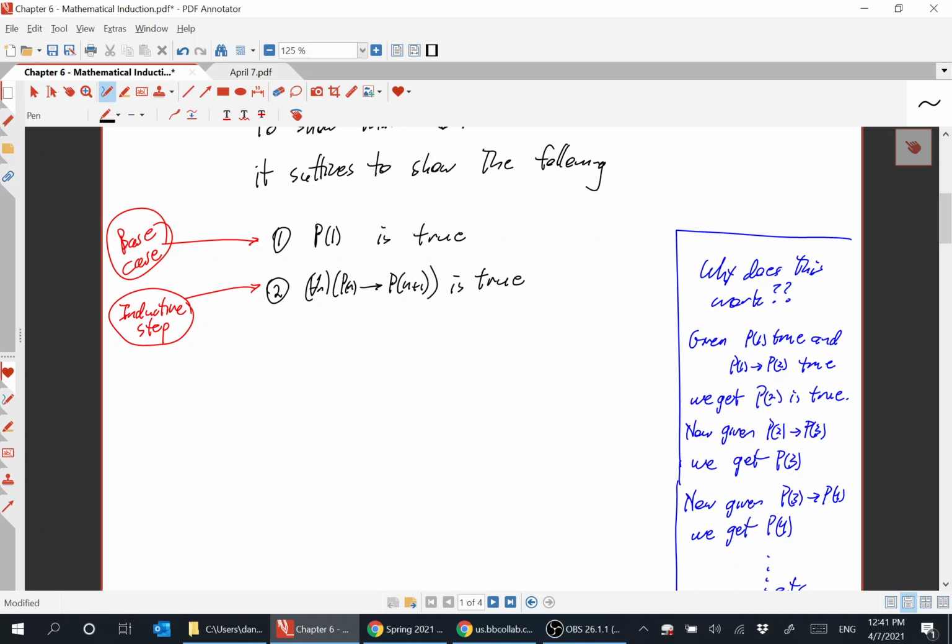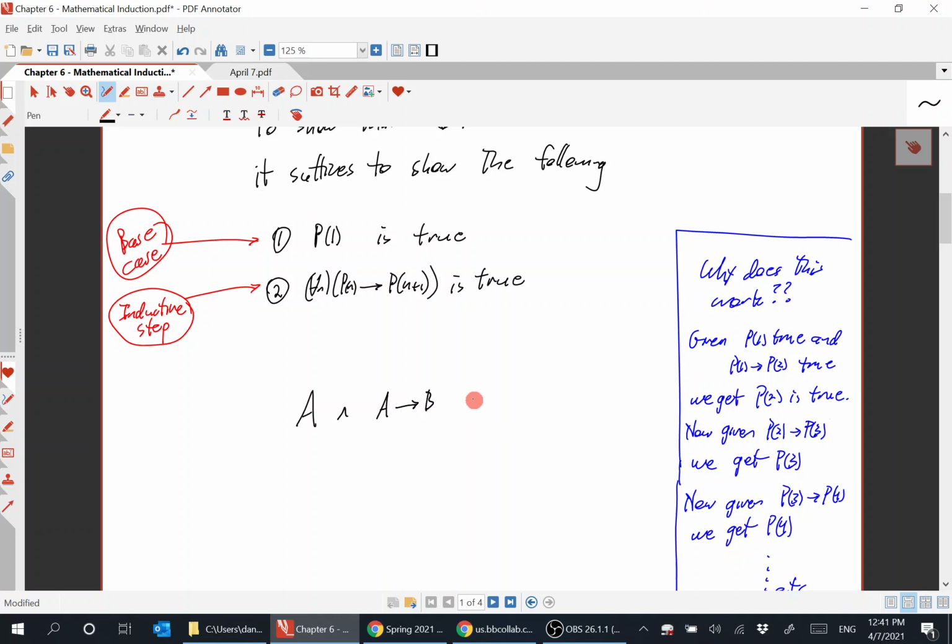That inference rule is called, maybe you know, modus ponens. It's the basic rule of deduction in logic. Given A and A implies B are both true, these together imply that B is true.